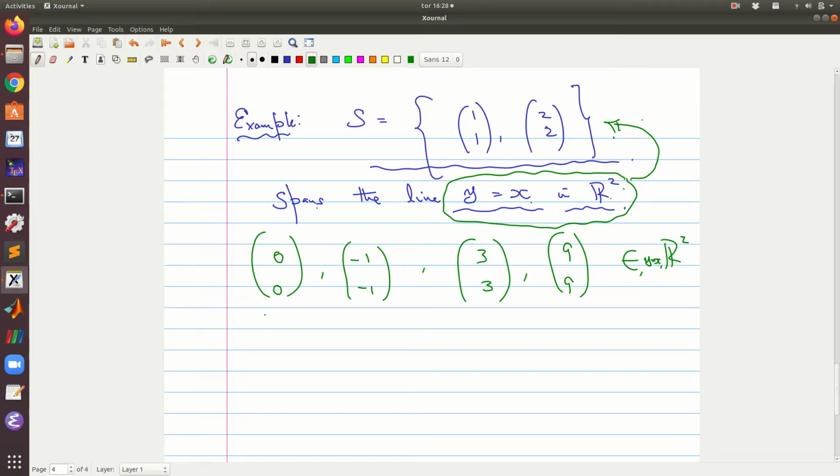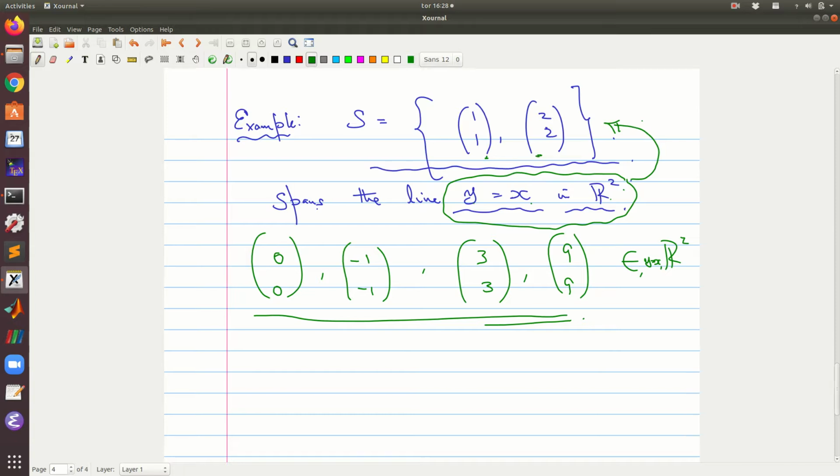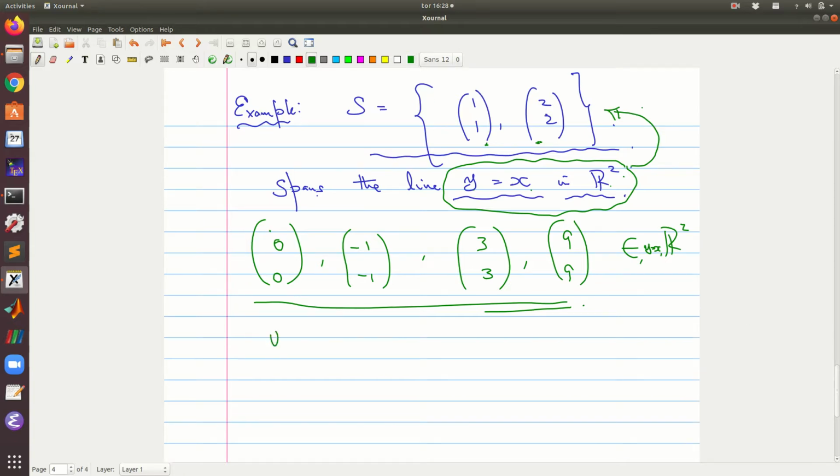In other words, all these vectors here can be written as a linear combination of the vectors in S. Do you want to see that? This one here, (0, 0), can be written as a linear combination of the vectors in S. All you need to do is multiply everything by 0.